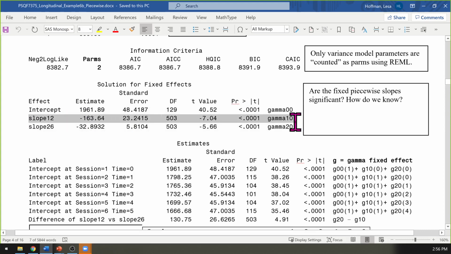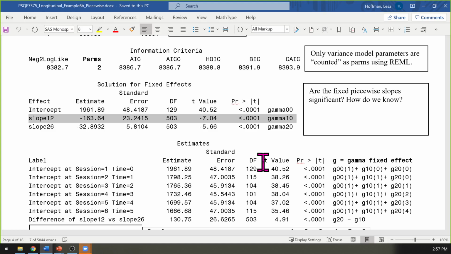Slope 1, 2. That tells us what? It's in the name. Yeah, I'll take that. It's a negative slope. Response time is doing what? Yeah, going down, decreasing.